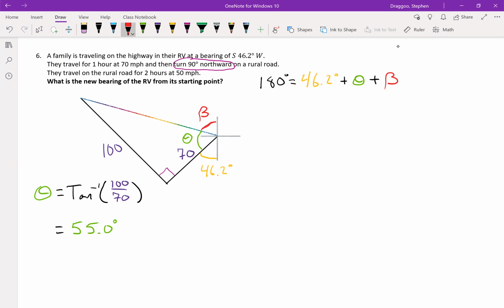So we'll drop that new piece of information into our equation for beta. So that'll be 180 degrees minus the first bearing angle, which is 46.2, minus the interior angle of that triangle, which is 55.0 degrees, and end up with a number, and I got 78.8.